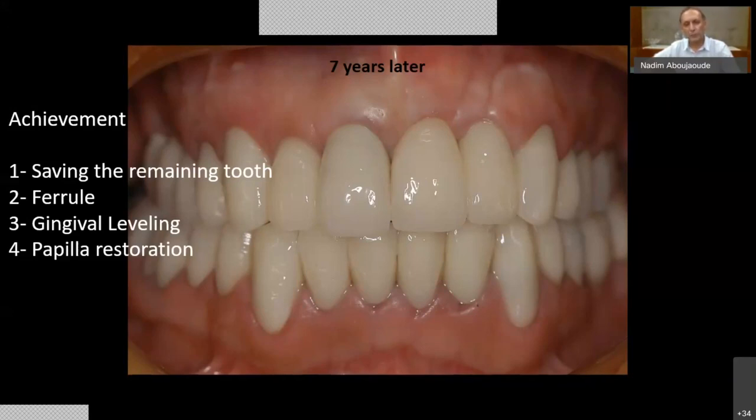We can erupt it to build bone. We can erupt it to build papilla. We can erupt it to level the gingiva. But please act, and then place implants. This is not the technique that we'd like to use. We'd like to save the tooth as long as we can, and then later on, if the extraction comes, then we will extract the tooth.